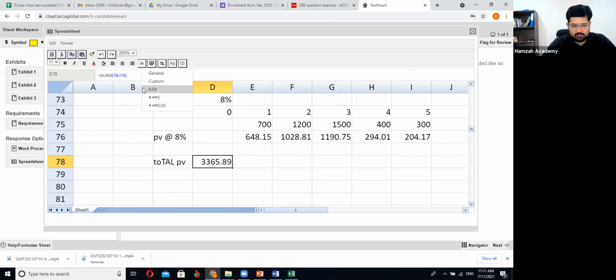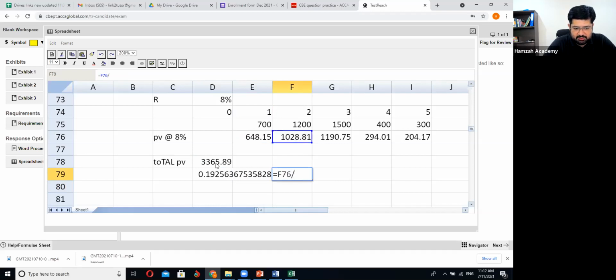Now, so weighted average equal to this divided by this multiplied by this, equal to this divided by this multiplied by this.